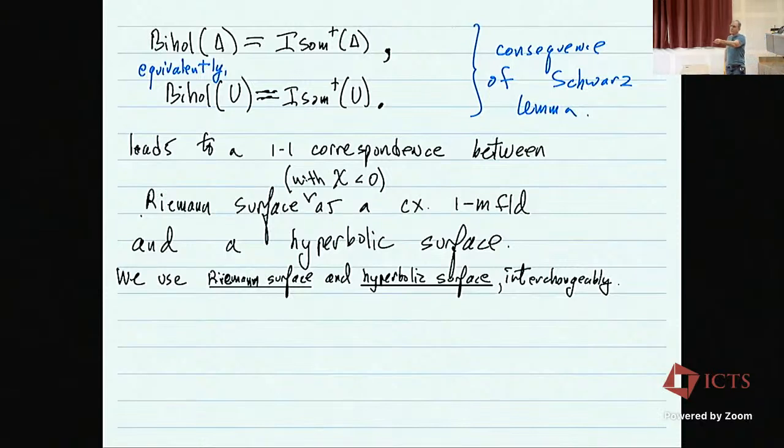So when a Riemann surface has negative Euler characteristic as a complex manifold, it's a hyperbolic surface. And I'll use the word Riemann surface and hyperbolic surface interchangeably in the next two days.